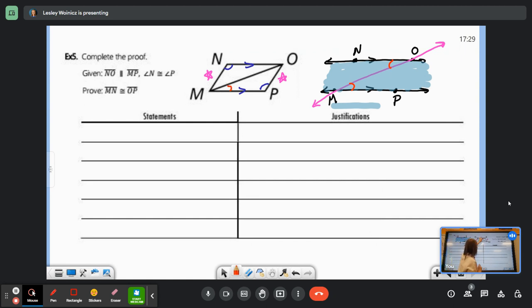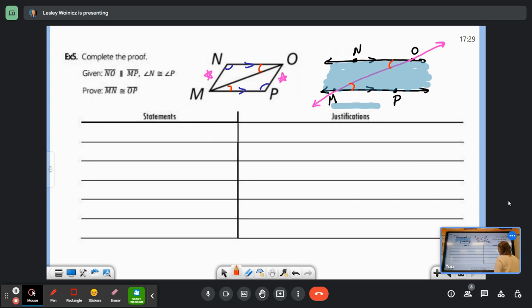It's kind of easier to see without the other sides of the quadrilateral cluttering it up. So if you have to do this, go ahead and do it. This is how I have to do it. So, back to this picture. I have alternate interior angles congruent because of those parallel lines. So that needs to be in my proof.